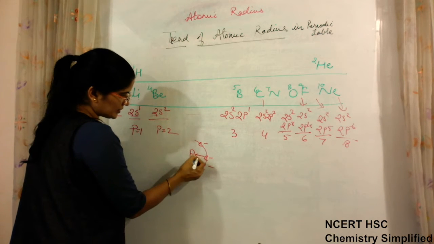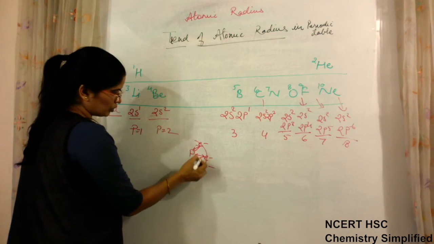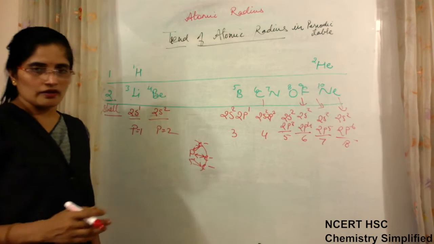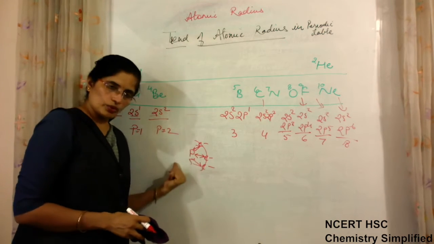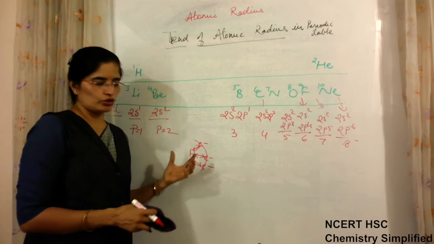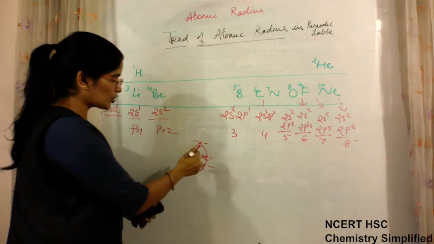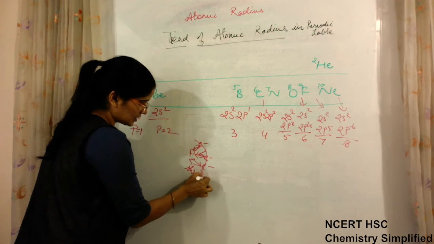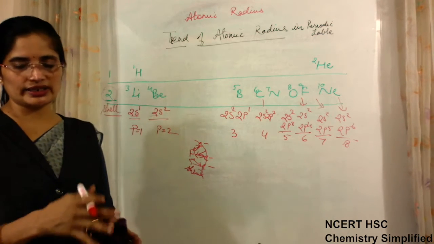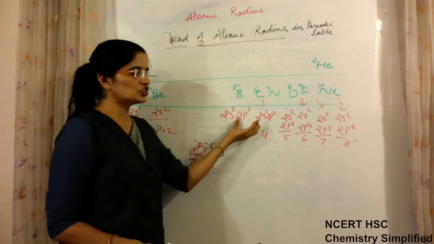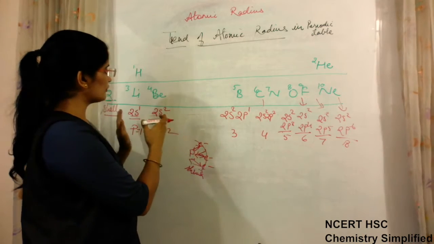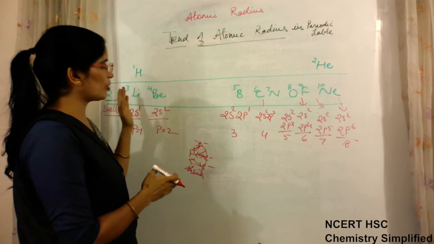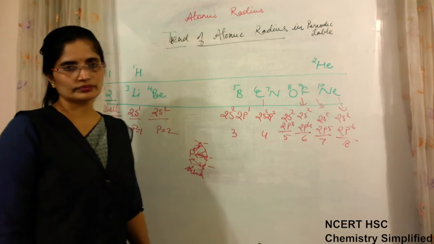Because nuclear charge is increasing, the proton number gradually increases by 1 each time, and electrons are getting added in the same shell, shell number 2, there is attraction between electrons and protons. With more and more protons, they are attracting each other. This causes the shell to shrink. The shell gets shrunken and the size of the atom reduces on going from left to right.